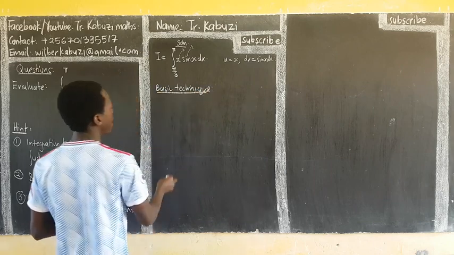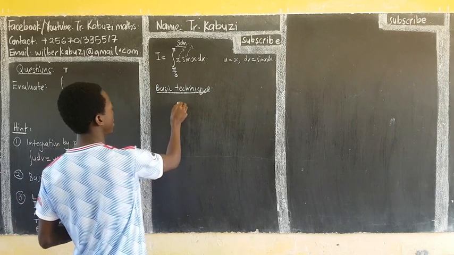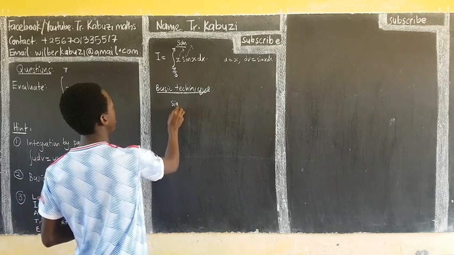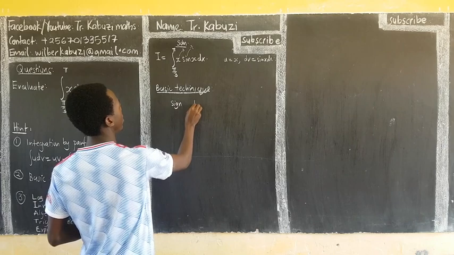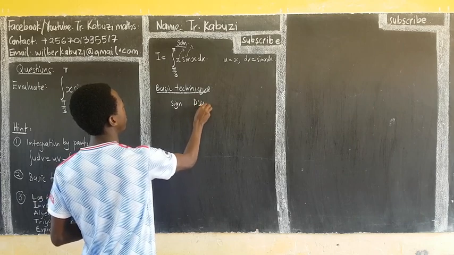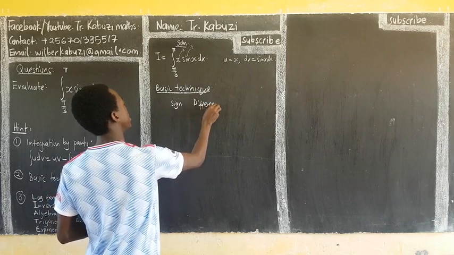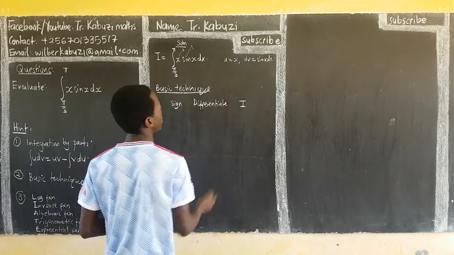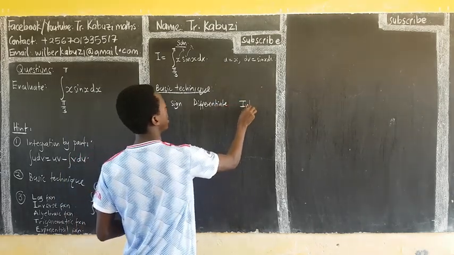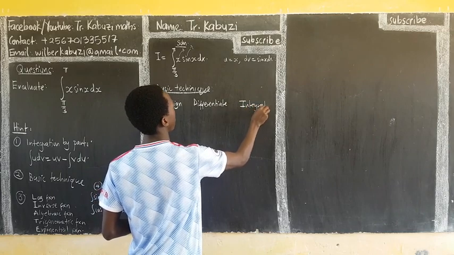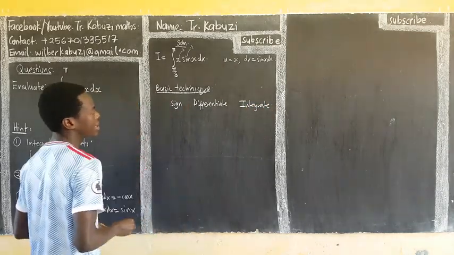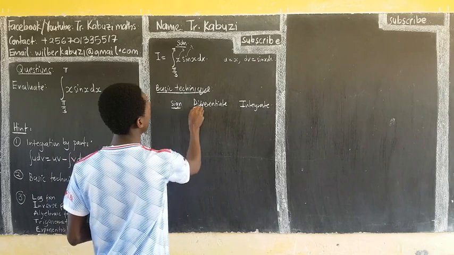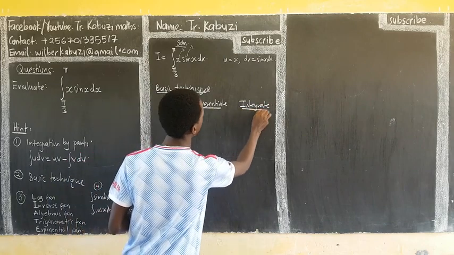So the same idea, but the difference is, for instance, we are going to use a table. We have a sign here. We have the function to differentiate, and then the function which is to integrate. As simple as that. So these are the basic things we use in the basic technique.